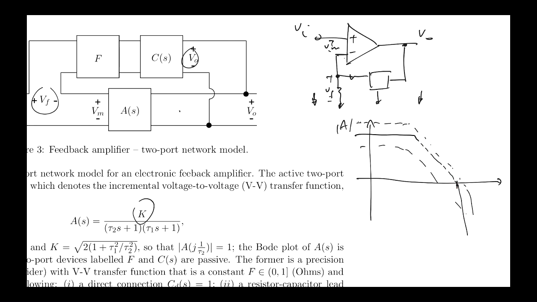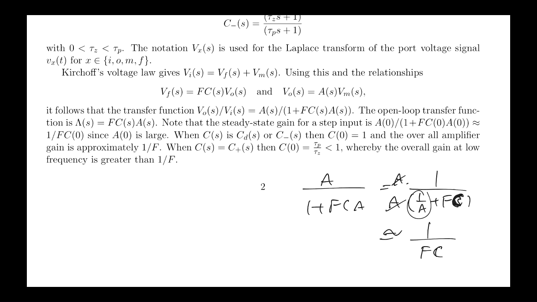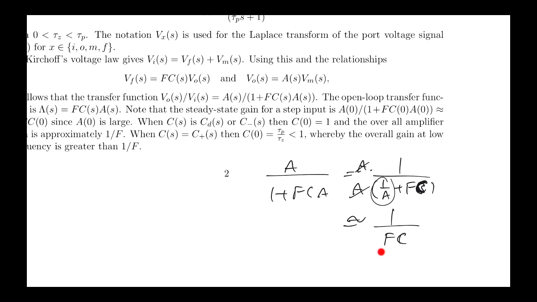What matters is that this is big, and when this is big and you wrap a feedback network around it, the gain from here to here is mainly determined by this guy here, which you can make very precise. So you can buy very precise, they're called attenuators, that allow you to set this ratio very precisely. And that determines the closed loop behaviour, at least at low frequencies where A is very large.